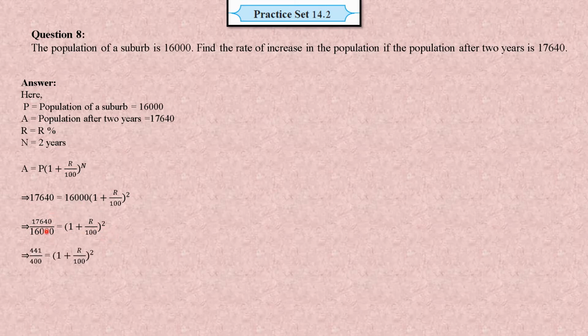Reducing the fraction 17,640 upon 16,000, we get 441 upon 400, which is equal to (1 plus R upon 100) the whole square.